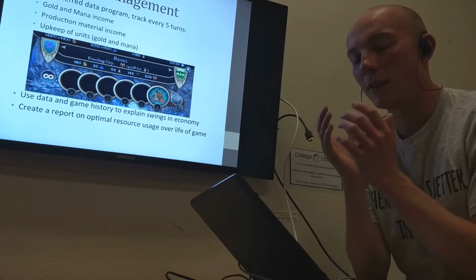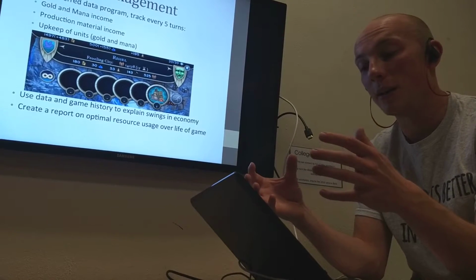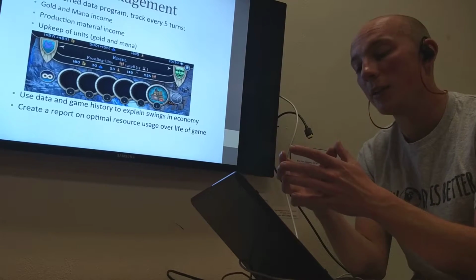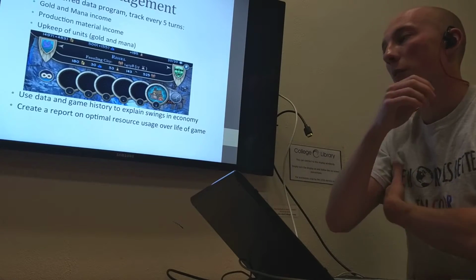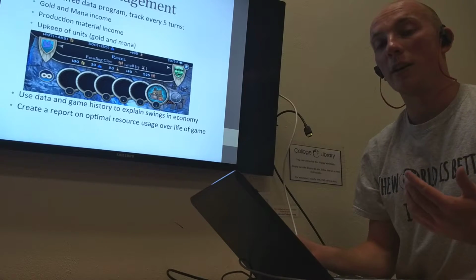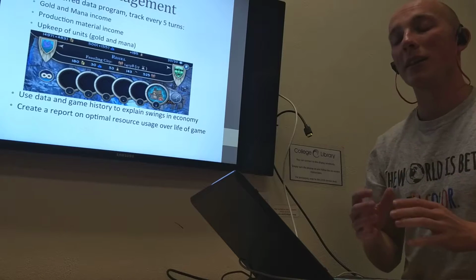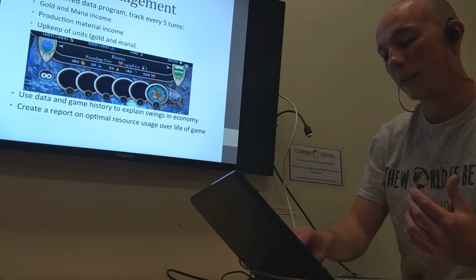If students track this data over time throughout the game, it'd be really interesting to see what they could do in Excel or other data functions that are used in the business world to understand how their resources could sway over time, and then try to explain what was happening in the game during that time.